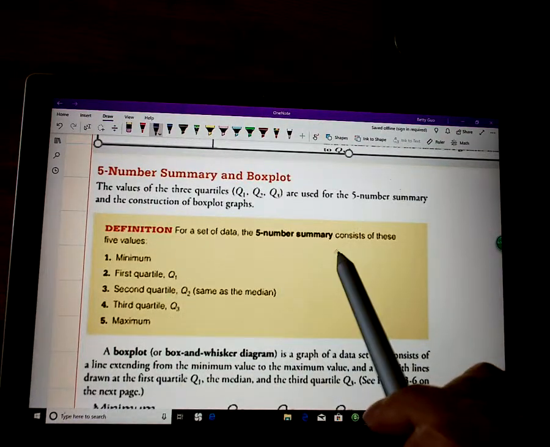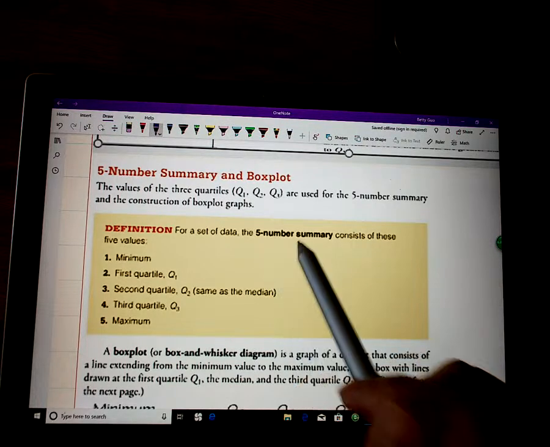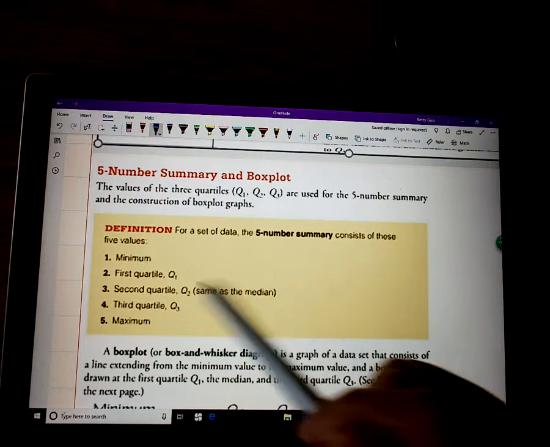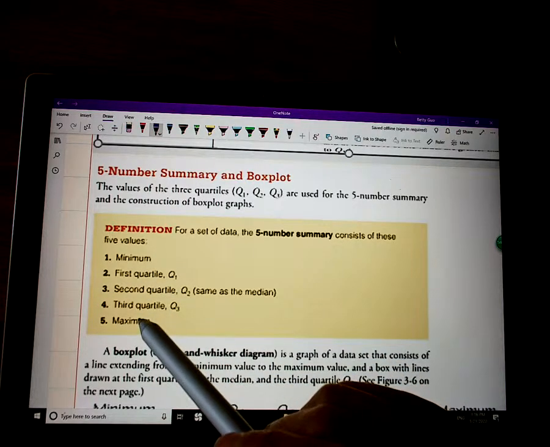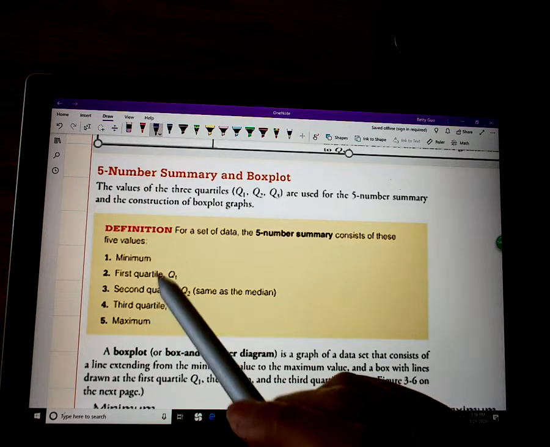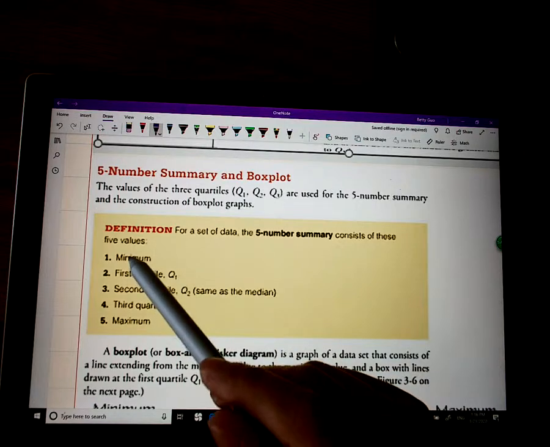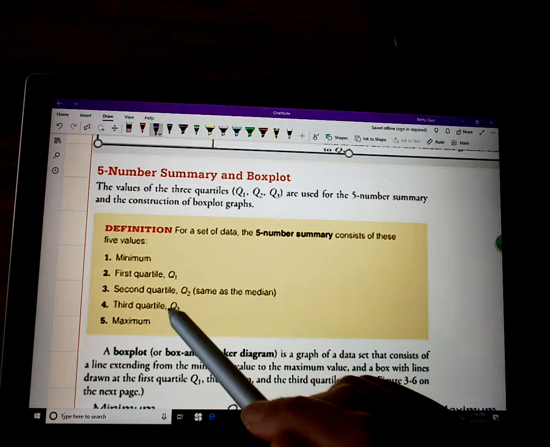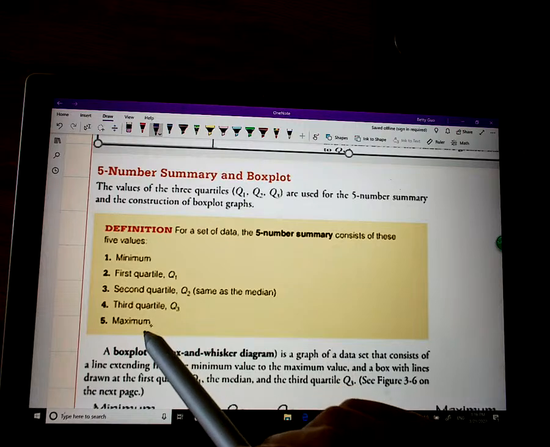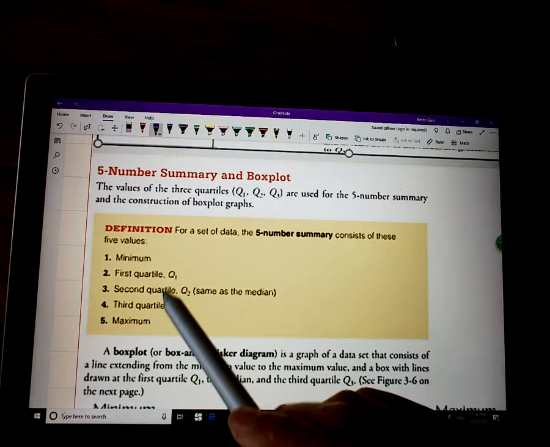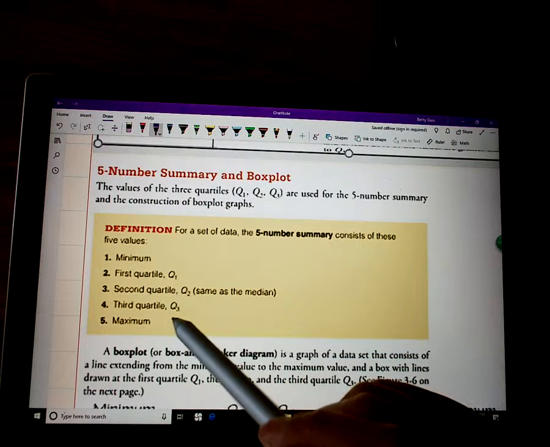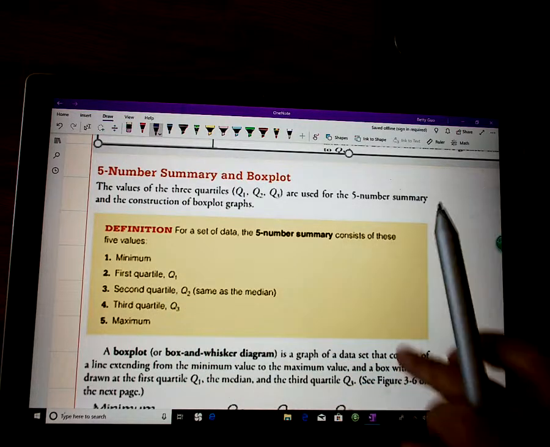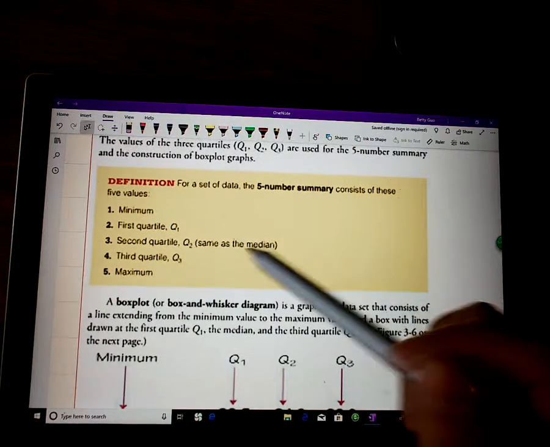If you have a data set, the 5-number summary would give you a good way to measure the relative standing of your score. The 5 numbers are minimum, Q1, Q2, Q3, and maximum. Good news is you are able to find all the 5 numbers from the calculator.